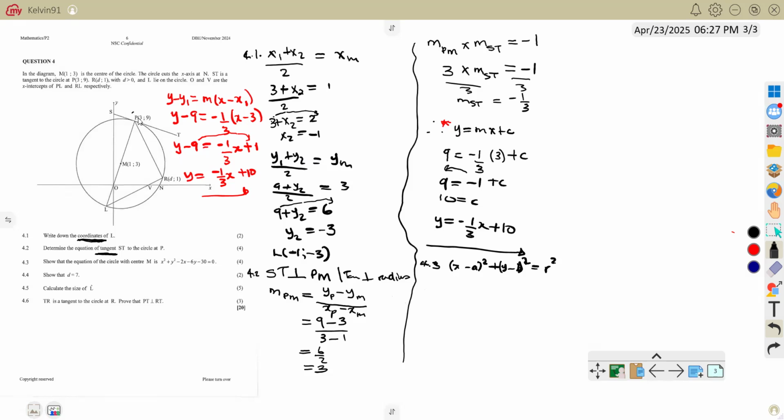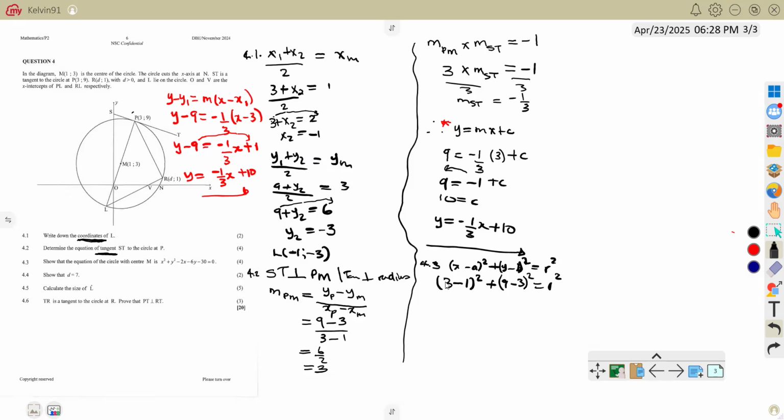So here we have P, which is there. It means we can substitute P, the x there to be 3 minus the x coordinate of the center, 1, squared, plus y, we know it's 9 there, minus 3, the y coordinate of the center, squared, must be equal to r squared.